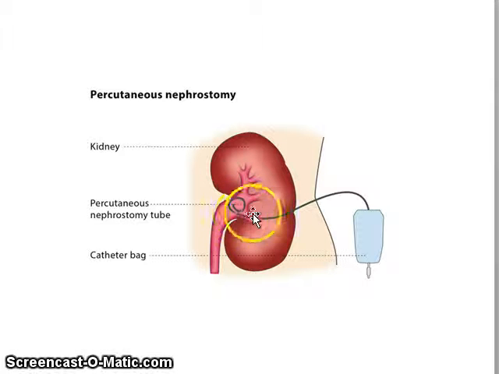In this image, the catheter is seated in the renal pelvis, and all of this funnel shaped area as it tapers down into the ureter is the renal pelvis. So again, they have percutaneously accessed the kidney, and they are draining the urine via a percutaneous nephrostomy tube.